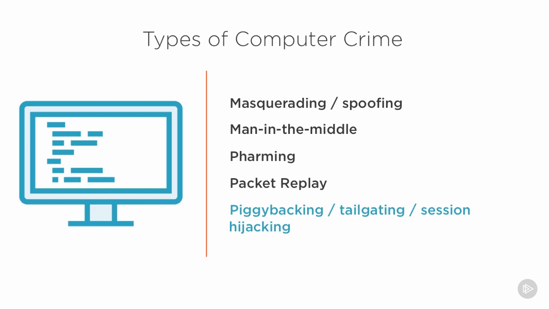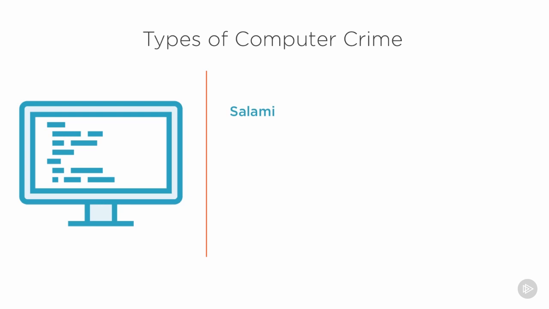But we also see this in an electronic format as well, where a person might try to hijack the session that belongs to another person, or take over another trusted connection that somebody else has already set up. One of the most famous attacks, which has become, of course, well known through some of the Hollywood movies as well, is the salami attack.